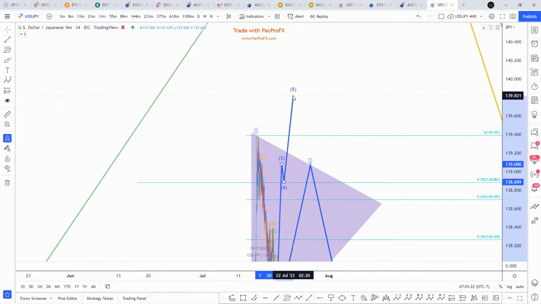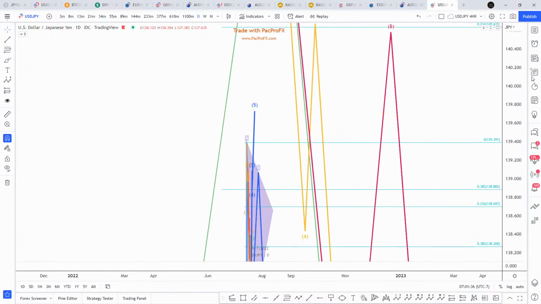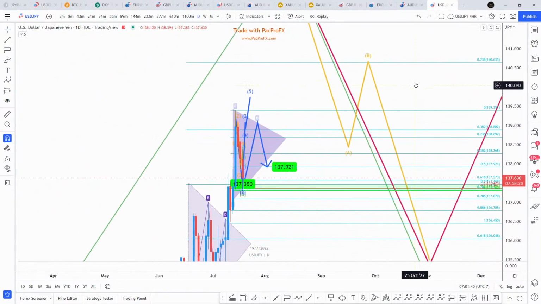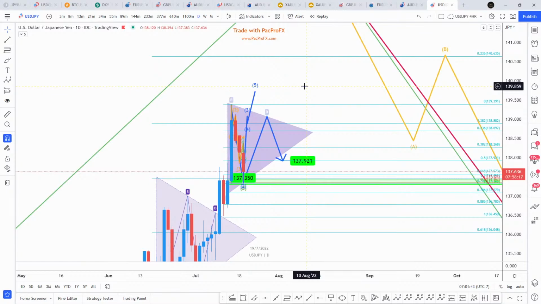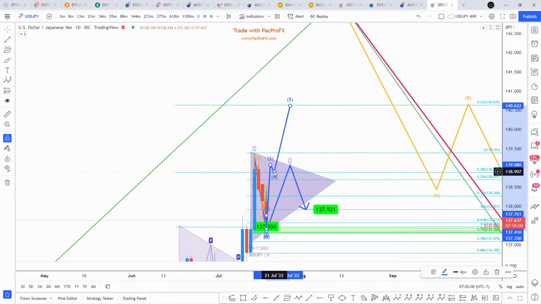Based on this, our next high, next Fibonacci level is the next one. So this might be an extended 5th wave again.